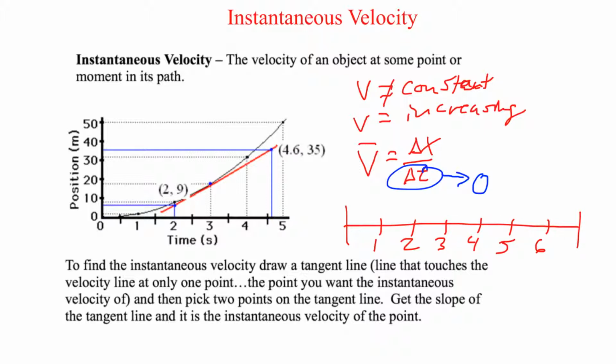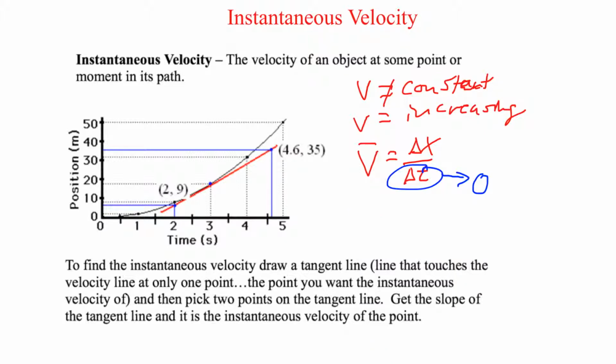That's going to give you a different velocity than the velocity at 1 second versus the velocity at 5 seconds. It was going way faster at 5 than it was at 1. What if I want to know what it was going at 1? Or maybe it started to speed up here at 3 and I want to know what the velocity was right then. Well, we can figure that out.